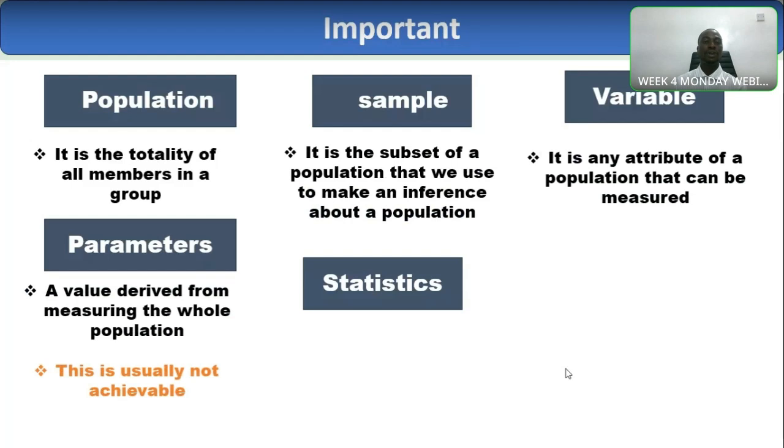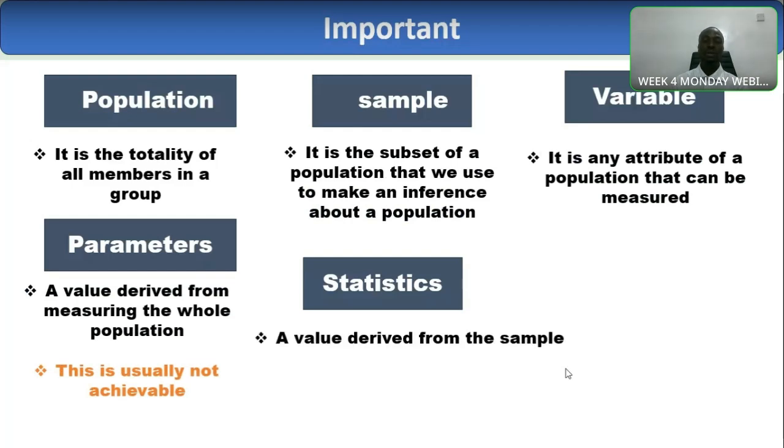However, in some instances where the population contains members that are very scarce, in such a situation, you can actually have all the members of that population measured. But it's not usually the case in the real world.